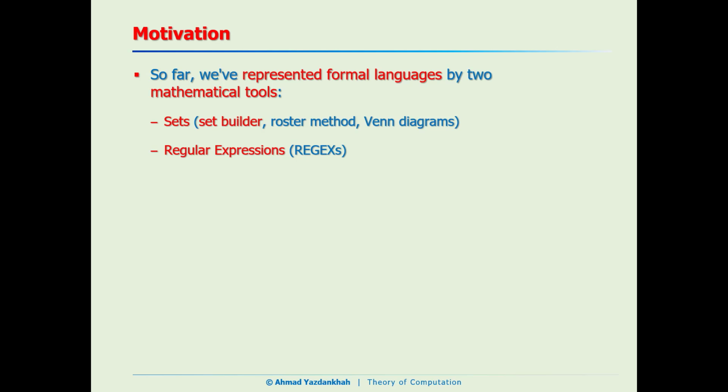First one, sets. We introduced three methods: set builder, roster method, and Venn diagram, and specifically we were interested in set builder. And second one was regular expression or regexes. But what was the problem with these guys?